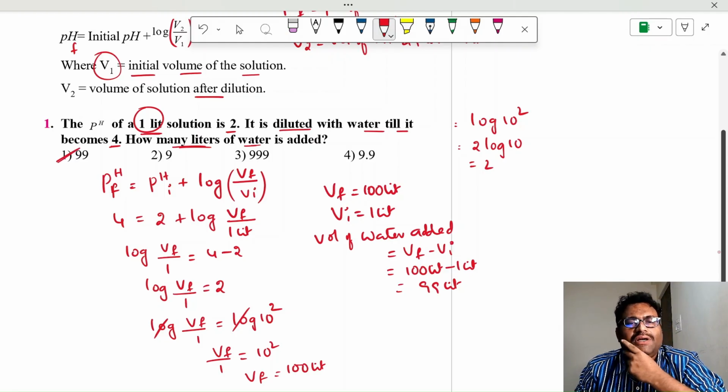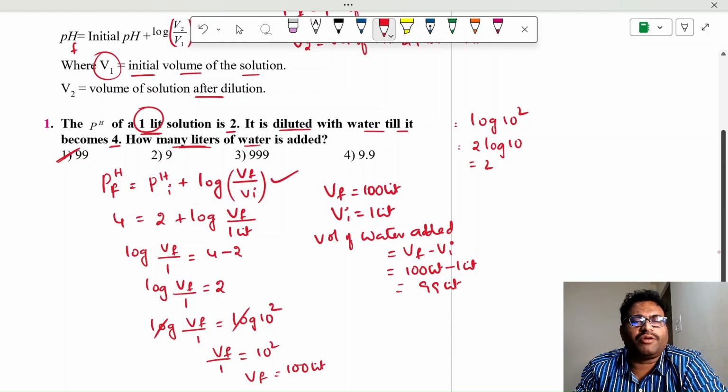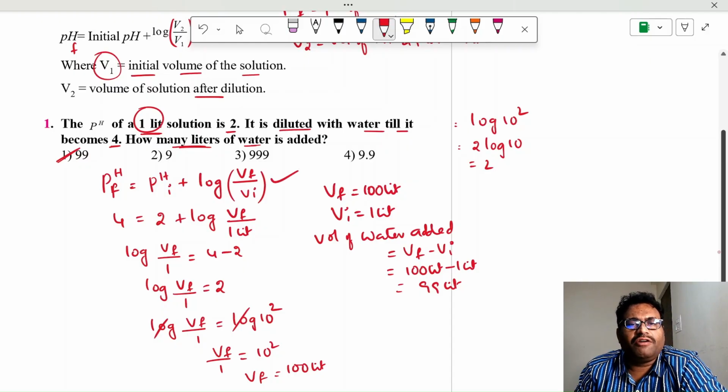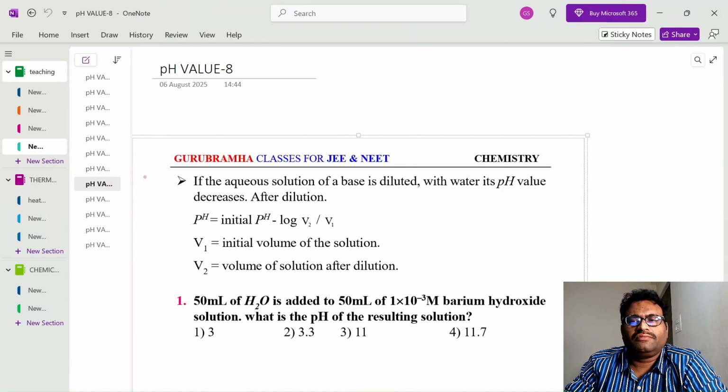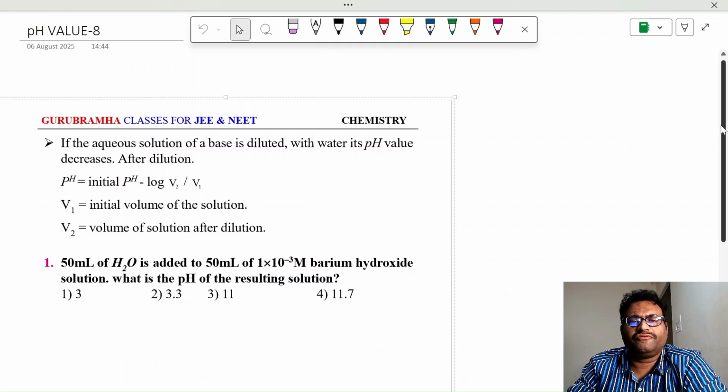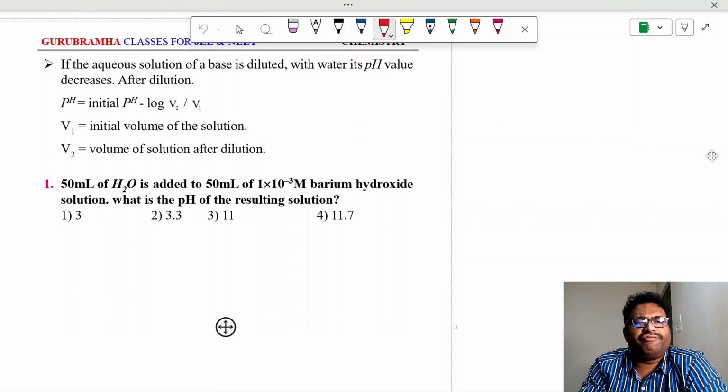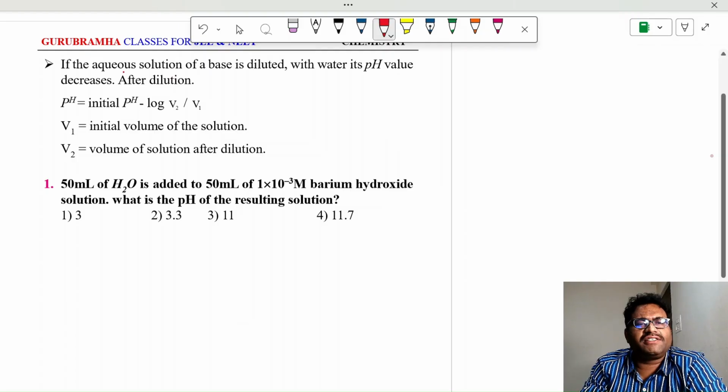So this is how we solve by using this formula. Before, we discussed the real concept; here we are discussing how by using the formula we can solve it. Understood? Right? So let us see the next part. If the aqueous solution of a base is diluted with water, its pH value decreases.